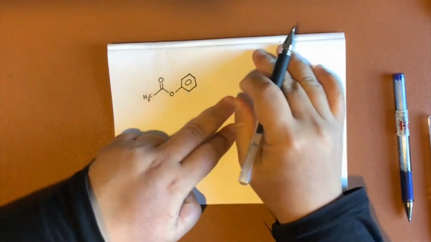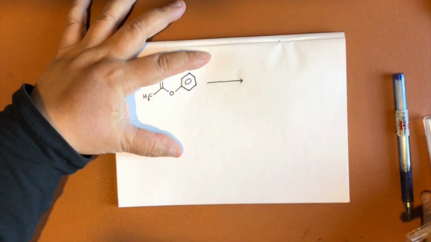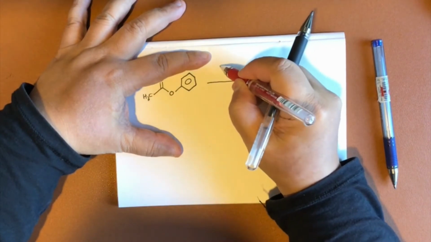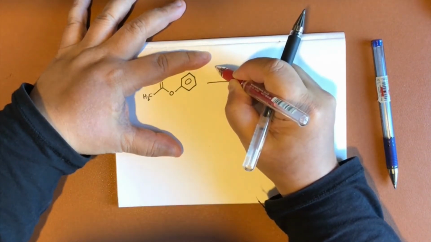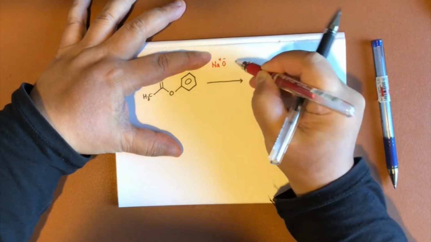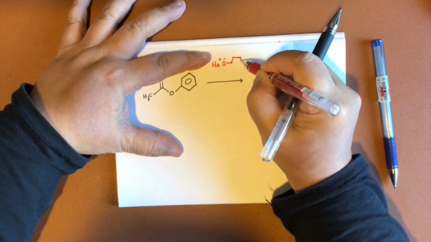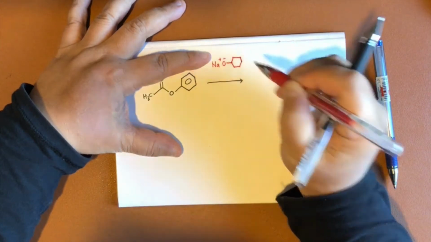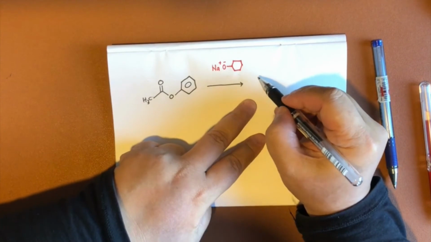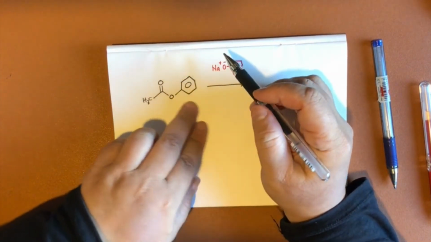And then if you have, for example, here I'm going to use red, it's easier. So you have this sodium O, an alkyl site with a huge alkyl site, which is a ring. What happens is that it will attack on this one. It will replace this. This is already an ester.